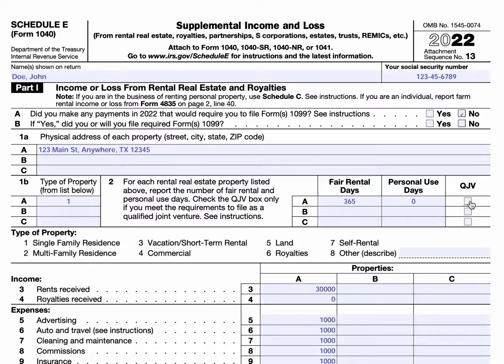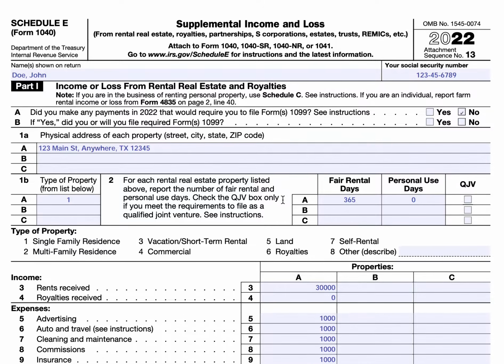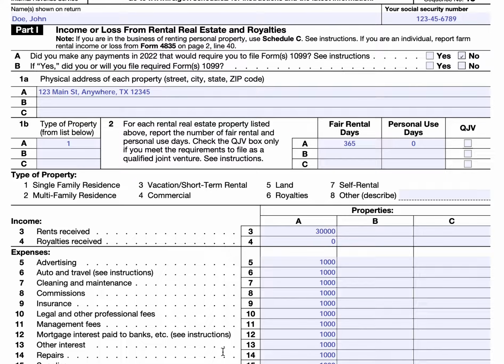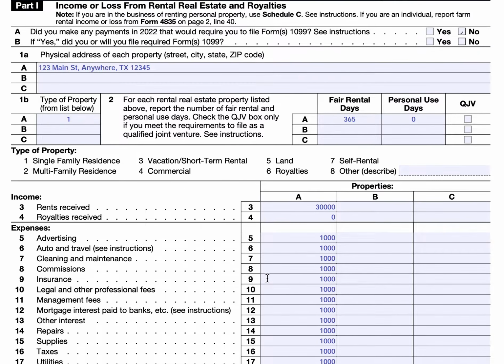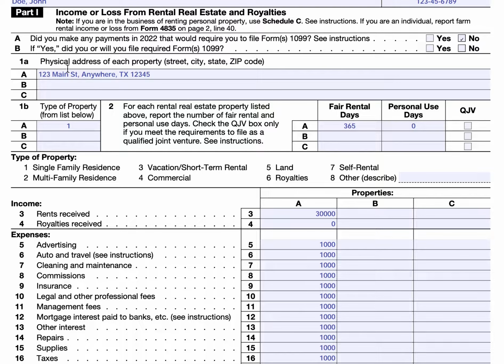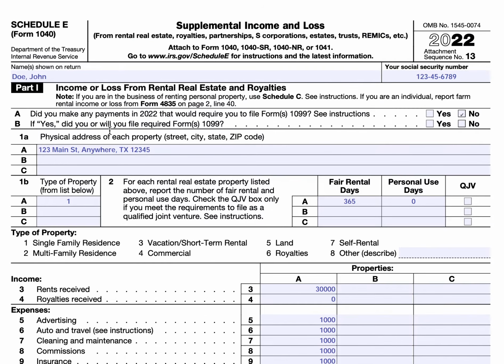So now we're going to start reporting all of these different lines of income and expenses. Before we do that, I would like to point out that you can list up to 3 properties on each tax form, and if you have multiple properties, then you may consider creating a separate taxable entity and then hiring this out to an accountant.